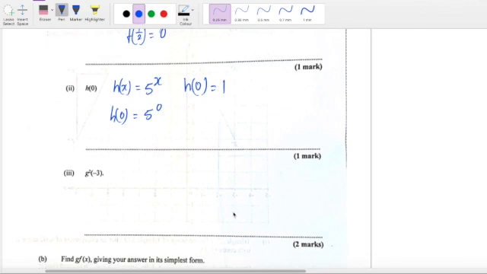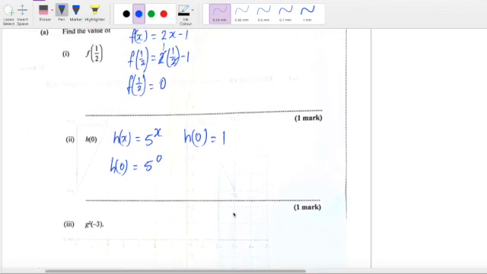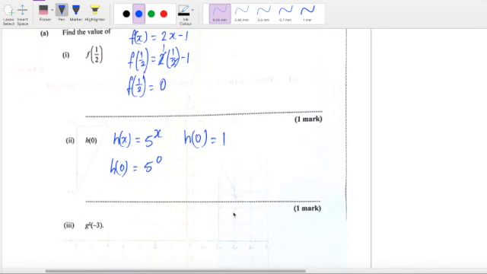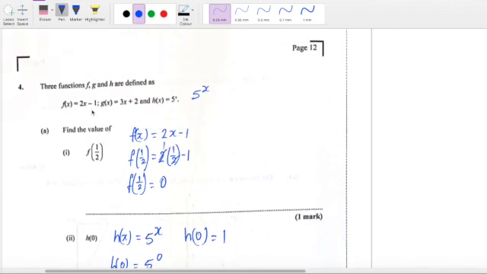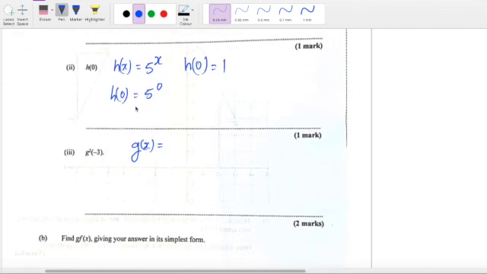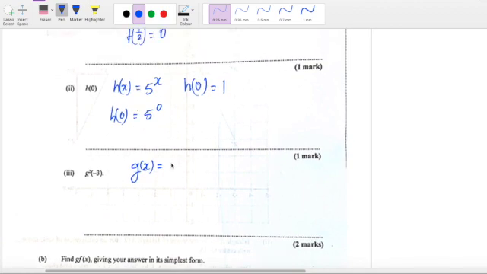The g squared of minus 3. I actually haven't seen this one in a really long time, right? But g squared, well, first of all, g of x is 3x plus 2.